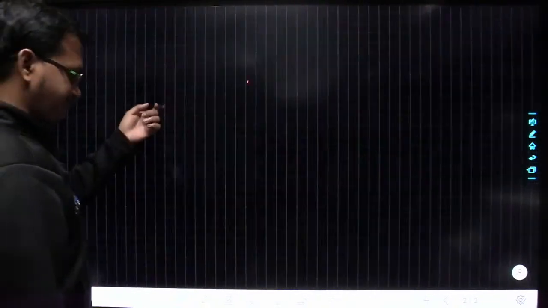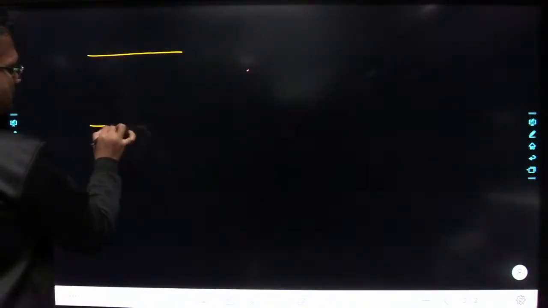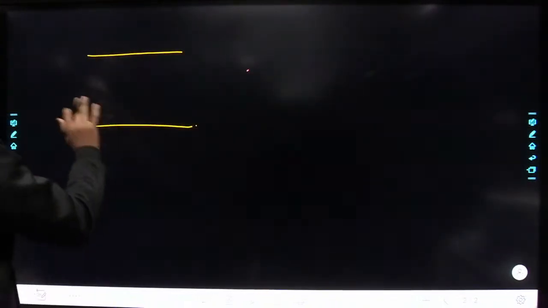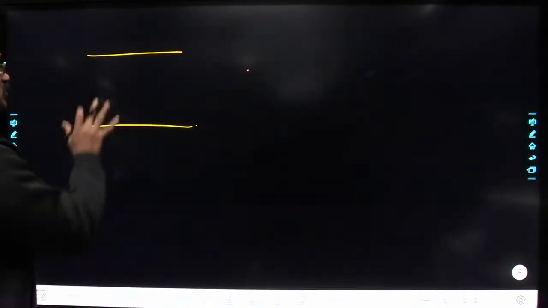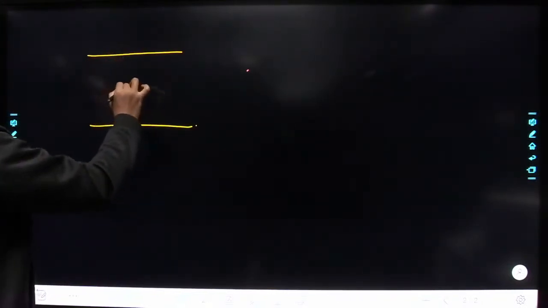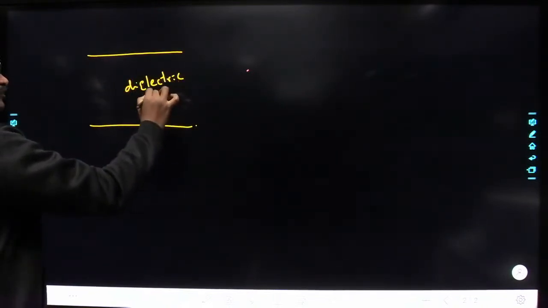Next, two conductors. We know that these two conductors are maintained at two different potentials, and they are separated by some dielectric medium. Yes or no?